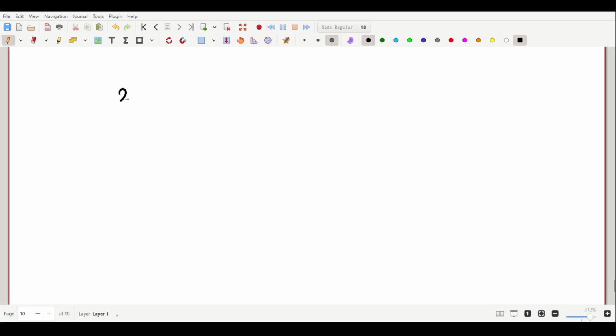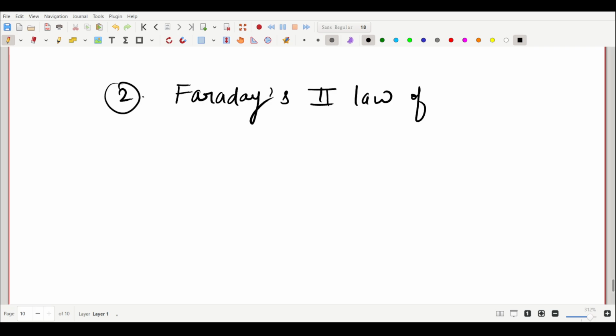Now comes Faraday's second law of EMI, electromagnetic induction. The statement is, see, the laws are written in the same statement. Newton's laws also, Faraday's laws also.